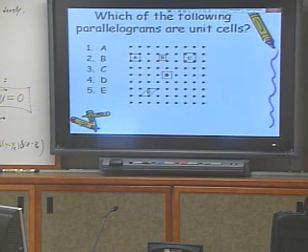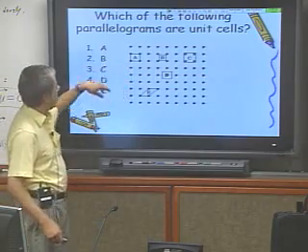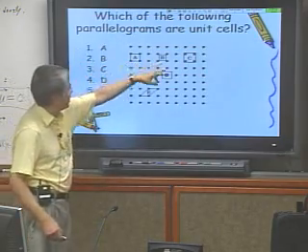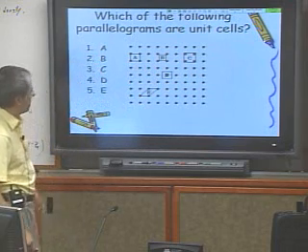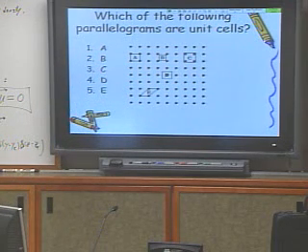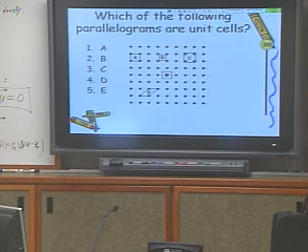So, for example, take this one here: which one of these parallelograms, A, B, C, D, and E, that is answers 1 through 5, are the unit cell for that particular crystal structure? And I count down, you've got 30 seconds.